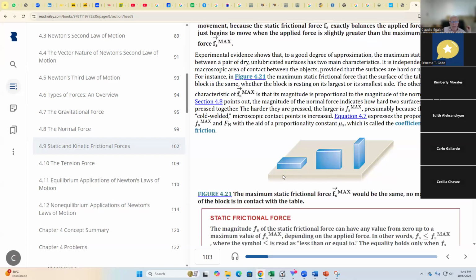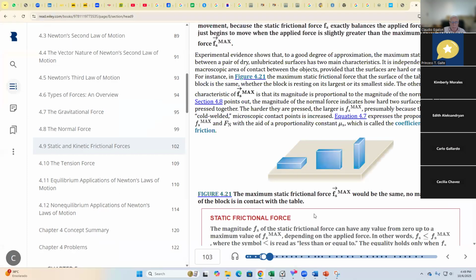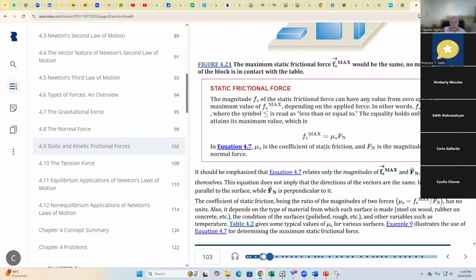Very important: the force of friction does not depend on the contact area. It depends only on the characteristics of the material.